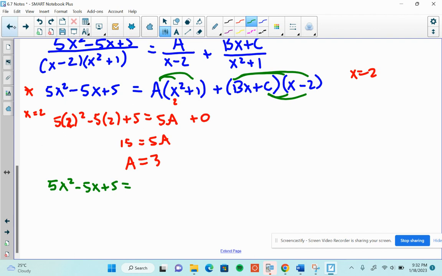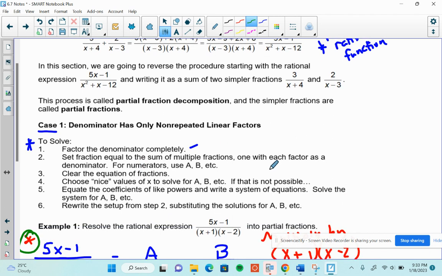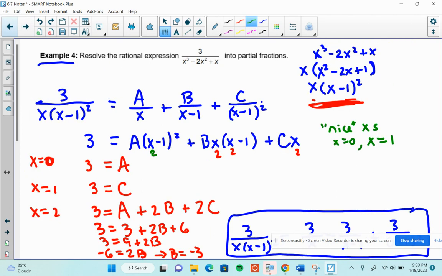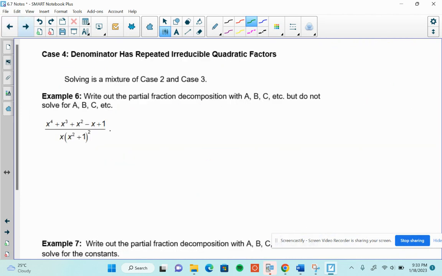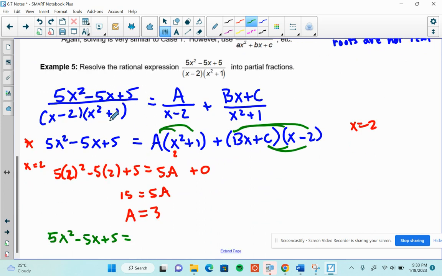This is what we do if we get down here and choosing nice values don't work very well. We equate the coefficients of like powers and write a system of equations or a combination of that. Because we've already used one nice value. Let's see, where was I? I was right here. Okay, so back to example 5.